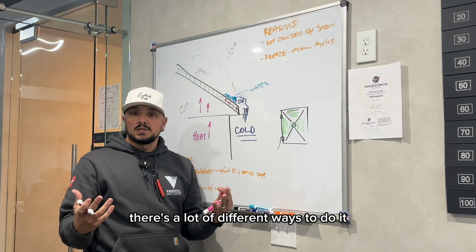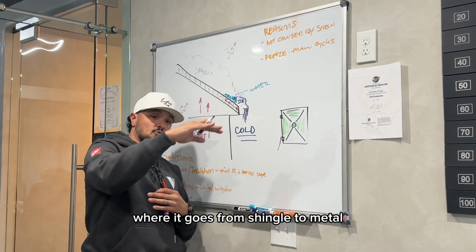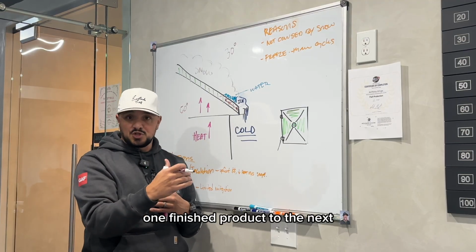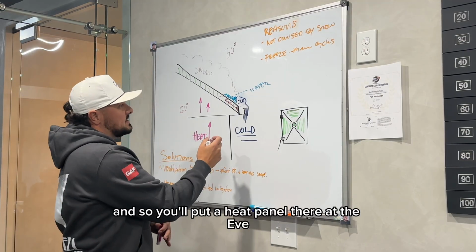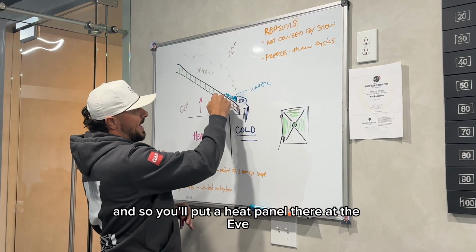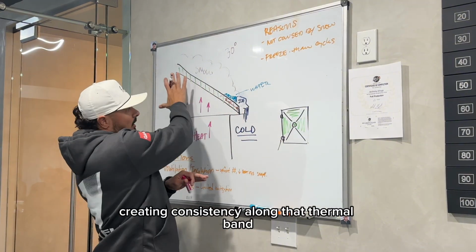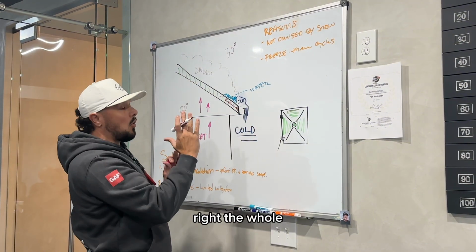There's a lot of different ways to do it. That's called a hybrid roof, where it goes from shingle to metal, or one finished product to the next. And so you'll put a heat panel there at the eave, creating consistency along that thermal band, right?